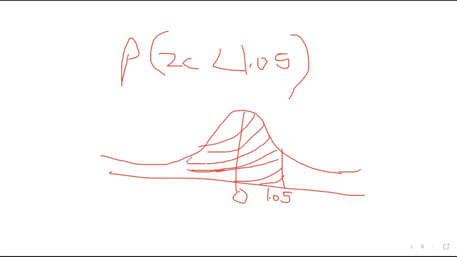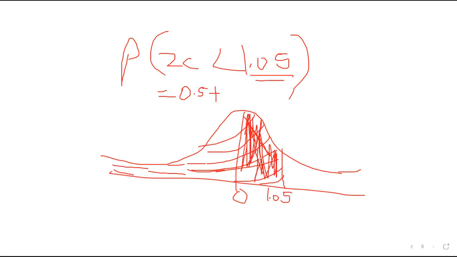So what have you done? The answer would have been, we have shaded the 0.5, then plus the value for 1.05, which you get from the table.